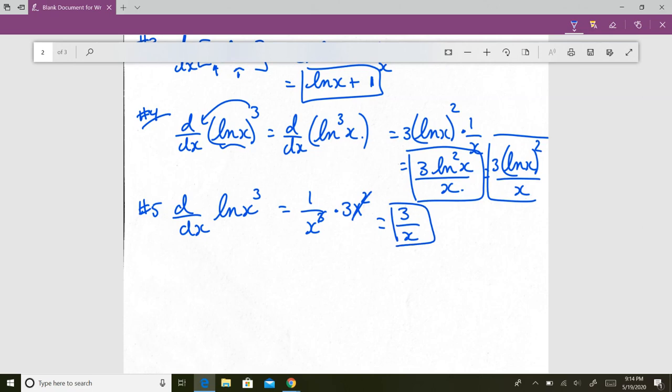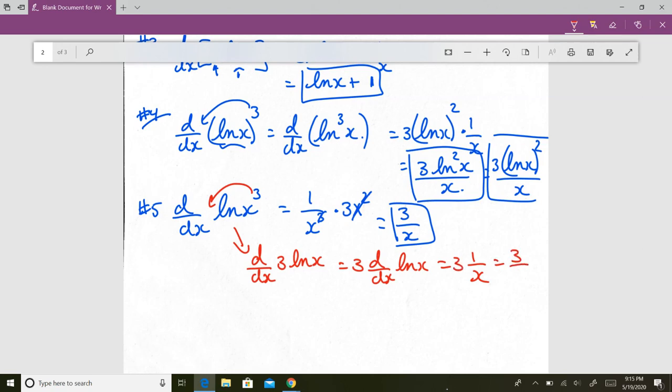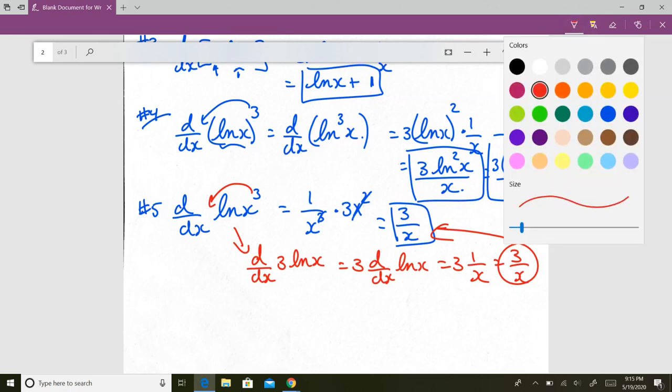That's one way to do it. The other way to do it is to, remember your log rules, drop the 3 down. This is the same as the derivative of 3 natural log of x. And a constant, just pull out. Derivative of the natural log of x is 1 over x times the 3, which is 3 over x. Same thing. I prefer the second way, but I don't really care. And you don't have to show all the steps. You could do them in your head.